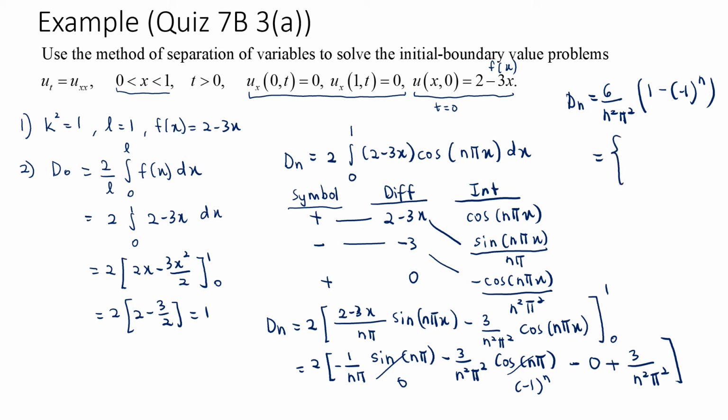Or we can write it as: when n is an odd number, we get 12 over n squared pi squared, and when n is an even number, it will equal 0.